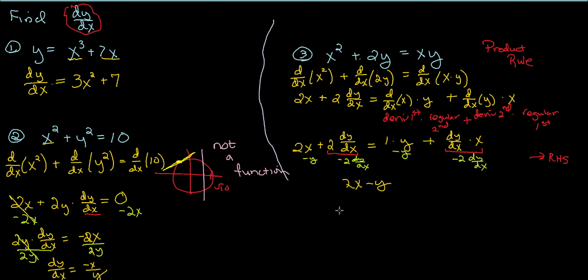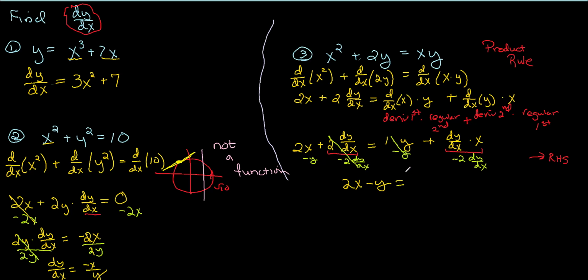All right, we're back in action. So we have a 2x minus y over here on the left-hand side. This other business, the 2 dy/dx canceled. That was good. So our left-hand side is all done. Over on the right-hand side, y and the negative y, those canceled out. So that's not there.